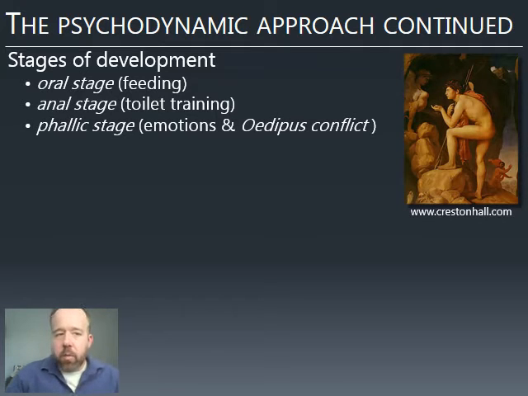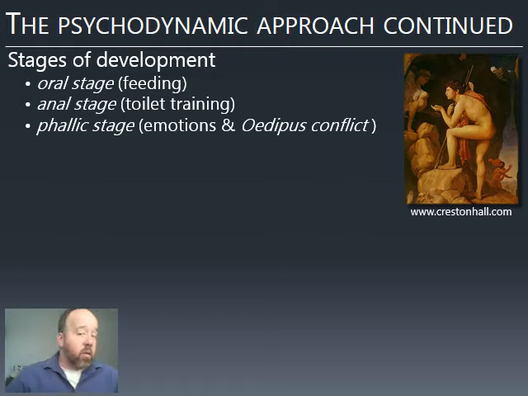The next stage was what Freud called the phallic stage. And this is where the erogenous zone shifts to the genitals, and you start to have more complex emotions, certainly more control over the body as well. But here, the child, in Freud's conception, starts to feel sexual desire for the opposite sex parent.